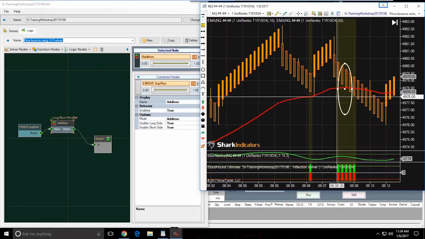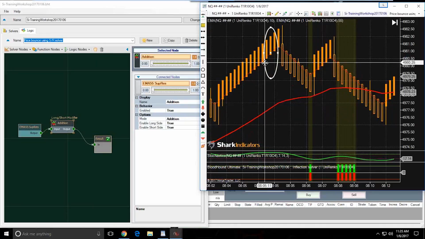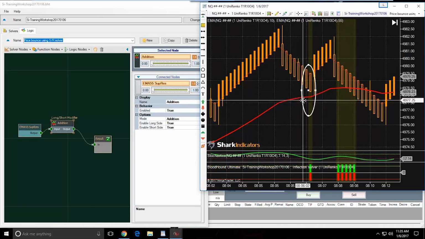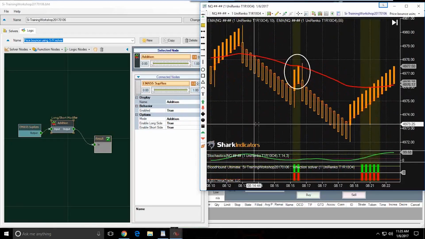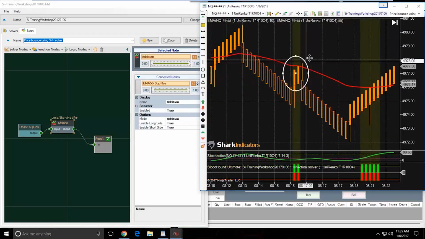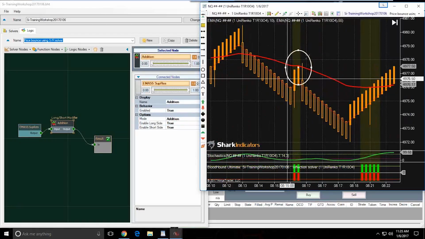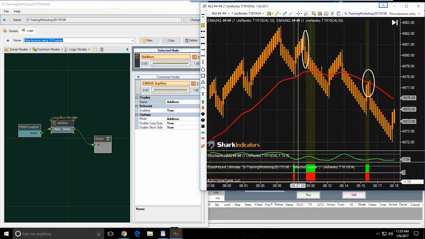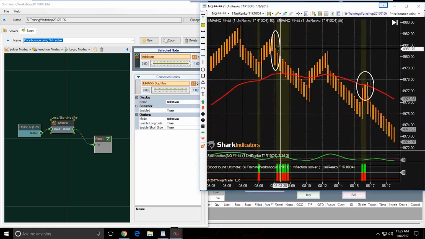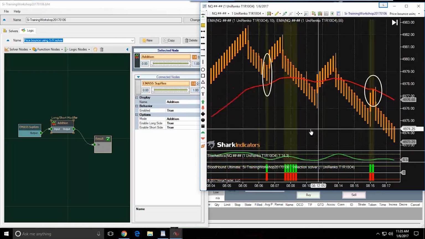So now we need some other logic to determine, are we looking for a long trade bounce, or, like over here, are we looking for a short trade bounce? So visually when we look at this, what's telling us whether it's a short or a long bounce?